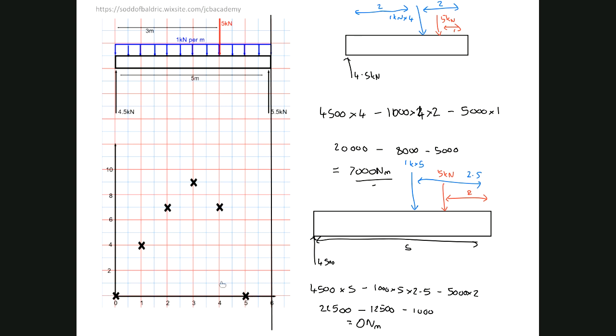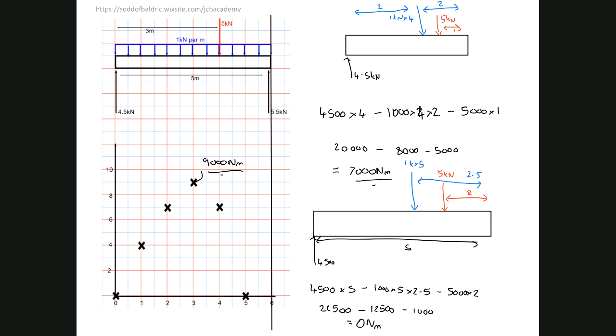And from the graph we can immediately see that our maximum bending moment is 9,000 Newton meters. That is the maximum bending moment, read straight off the graph. Everything else is now just done using one formula, or two formulae really.